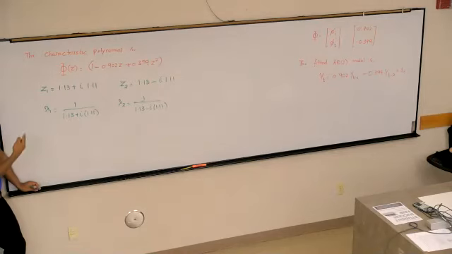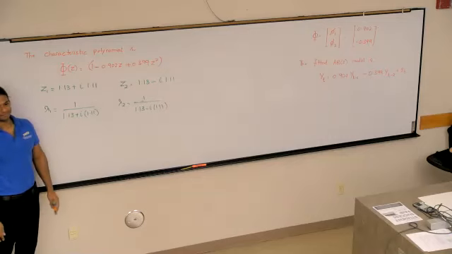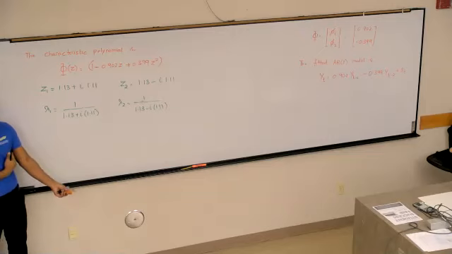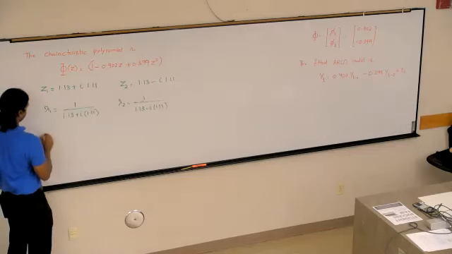We want to find this as a complex number. How would we find it? Did you guys do complex math in pre-calculus? So you multiply and divide by the conjugate.